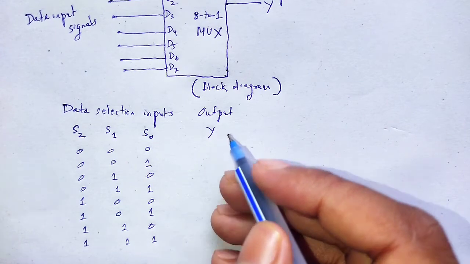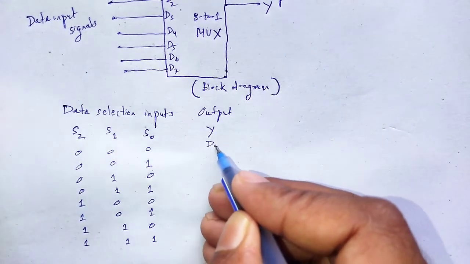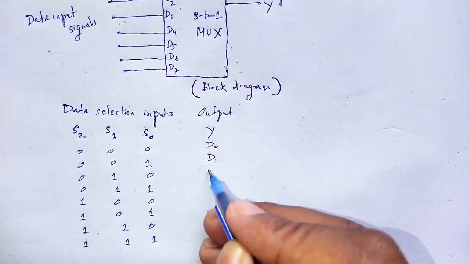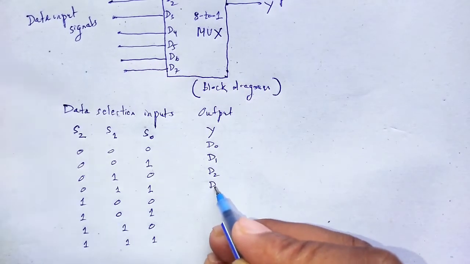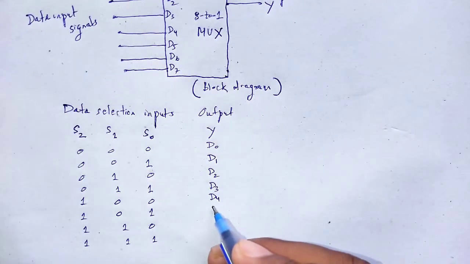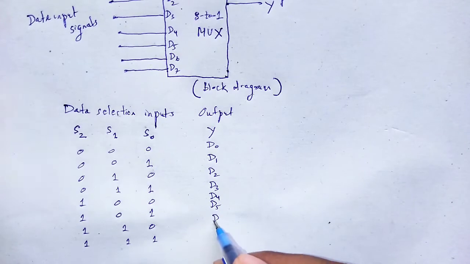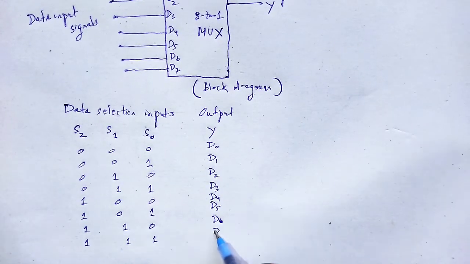At output, that is D0, D1, D2, D3, D4, D5, D6 up to D7.